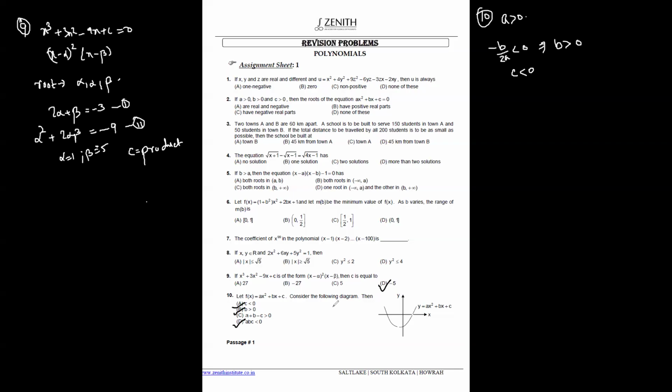A plus B minus C: A is positive, B is positive, C is negative, so minus C becomes positive. So A plus B minus C is also positive, right?